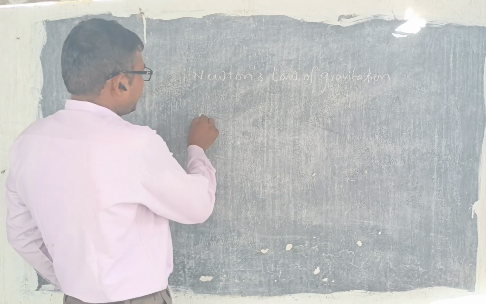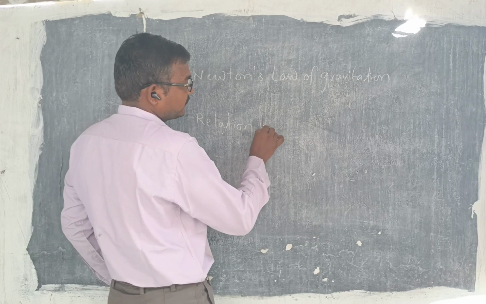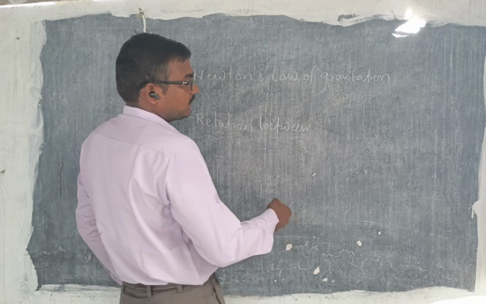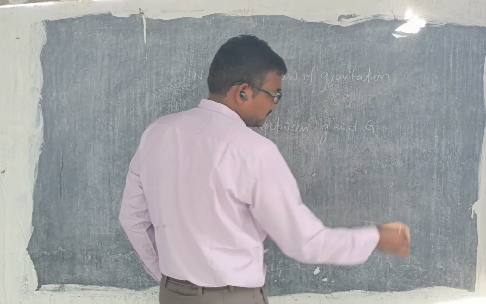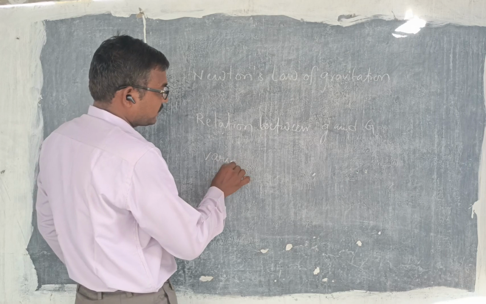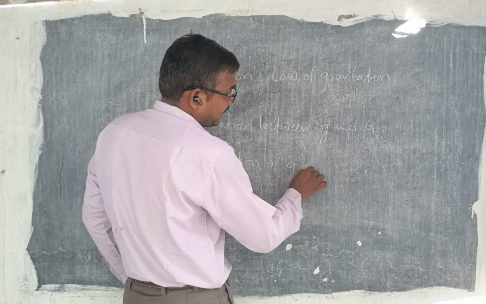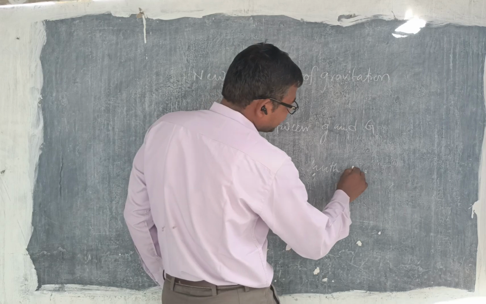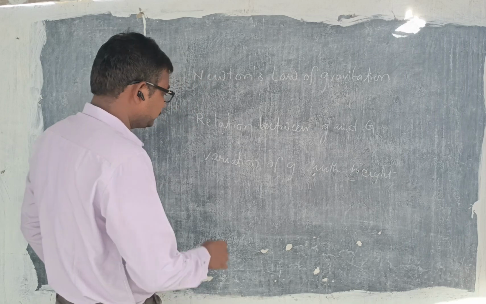Next one, relation between small g and capital G. Next, variation of small g with increasing and decreasing heights above the ground.